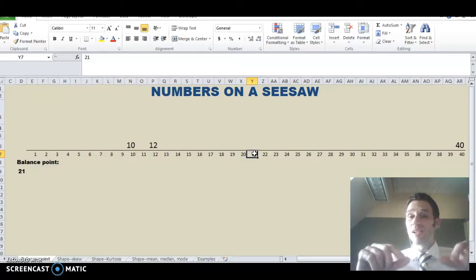The median is not trying to balance out the weight, it's just trying to balance out the number of people on the seesaw, if you will. So it doesn't really matter how much this third person weighs, because 12 is still the middle person. The median is just balancing out the number of people on the seesaw. The mean is balancing the weight of the numbers.